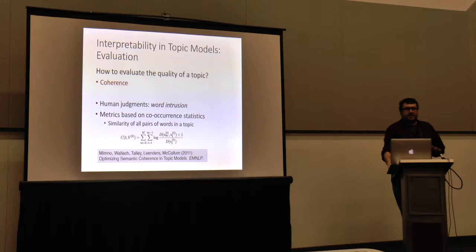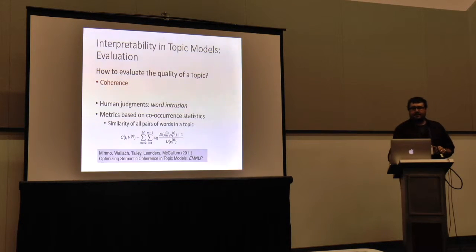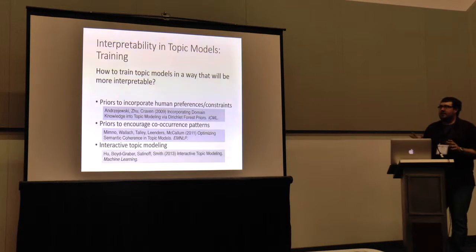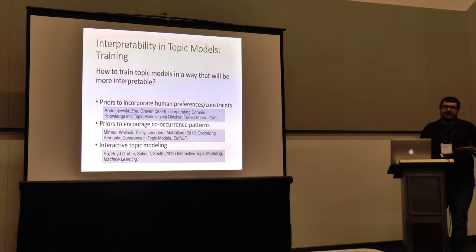So these are currently the most standard ways of evaluating the quality of topics. I'm going to talk less about training than evaluation, but there has been some work on not just evaluating the coherence of a topic model, but also how do you train a topic model that makes it more interpretable.